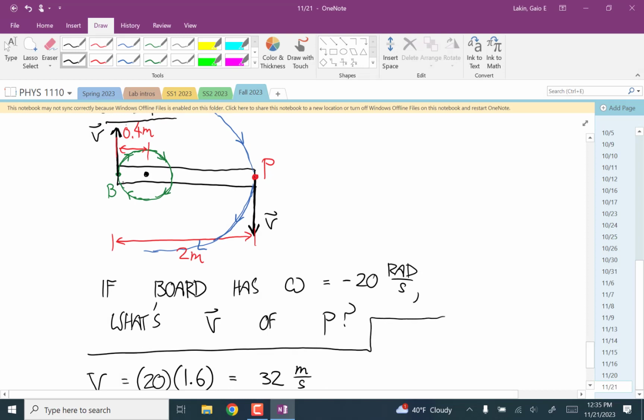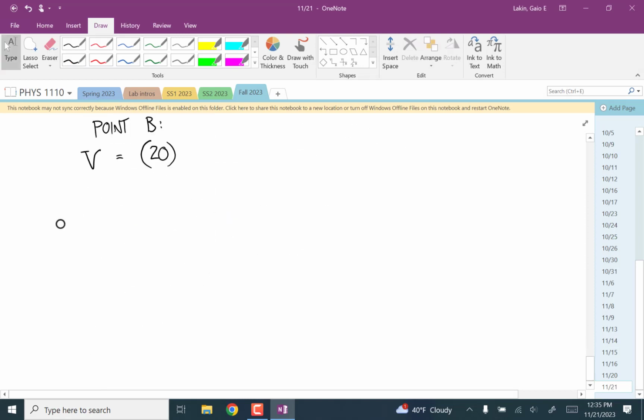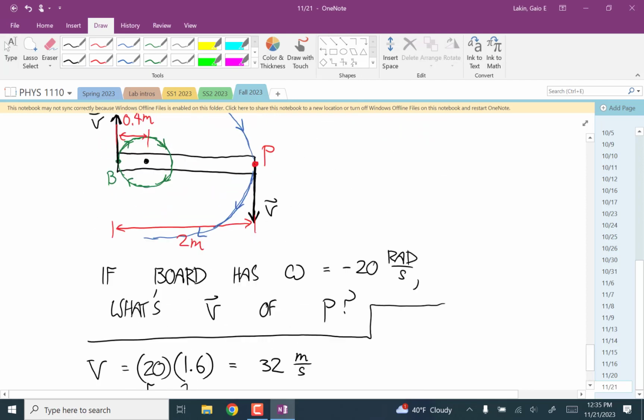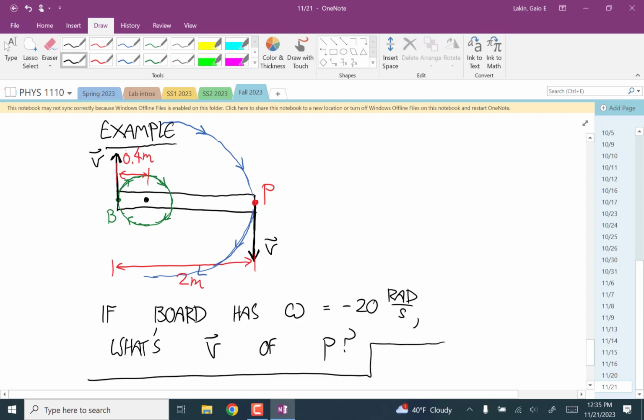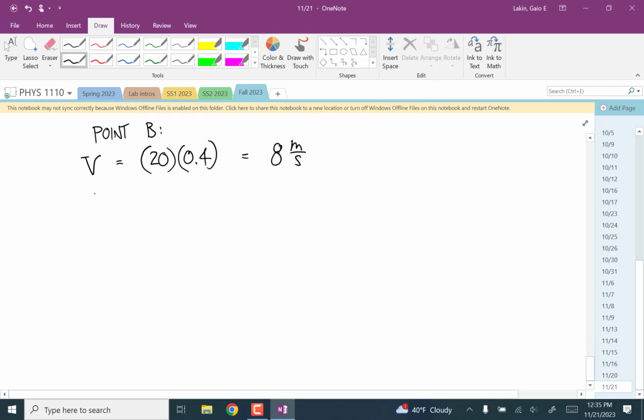What's the distance in this case? 0.4. Yep, 0.4. And so you get 8 meters per second. The direction is up, and so the velocity vector of that point B is 0, positive 8.